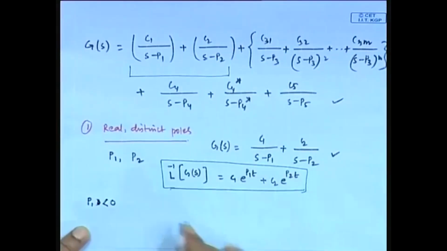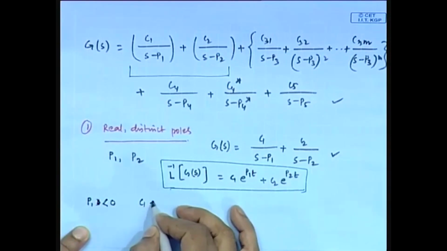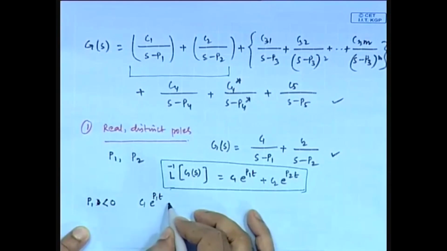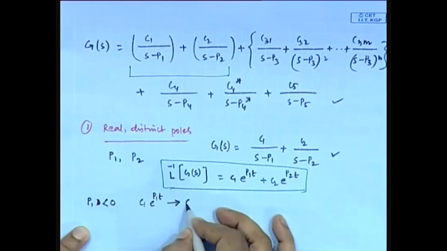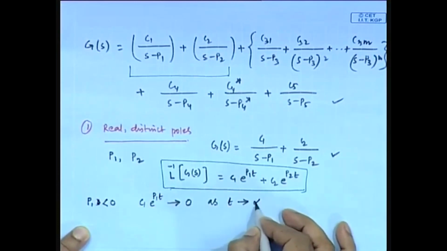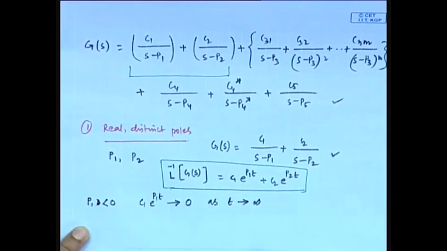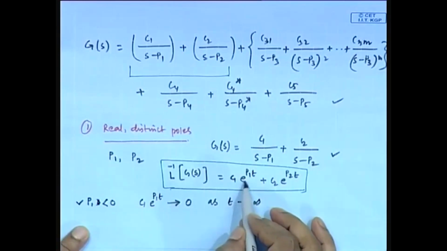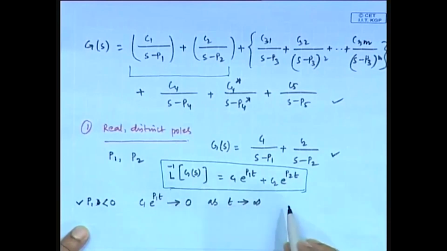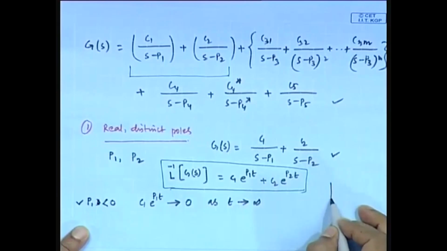If that is the case, then C1 e to the power P1 t, I mean exponential of P1 t, tends to 0 as time tends to infinity. We have considered P1 less than 0, so exponential of P1 t multiplied by C1 tends to 0 as time goes to infinity. We can represent this graphically also.